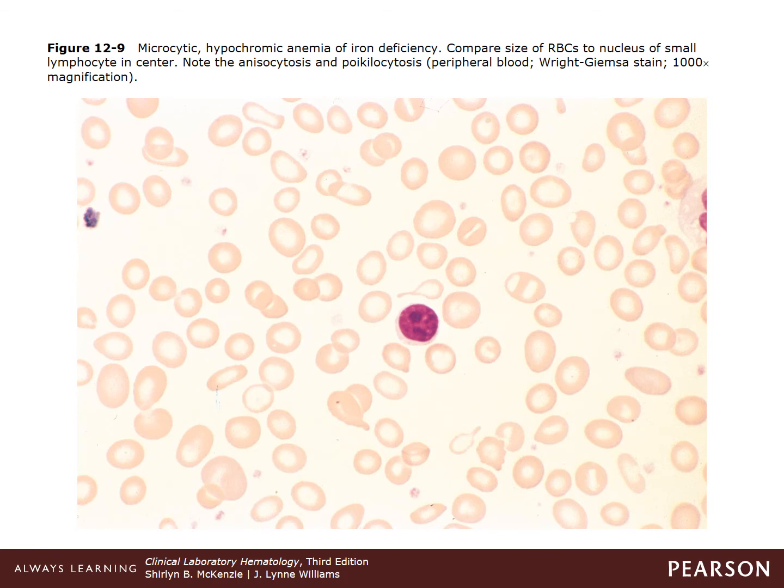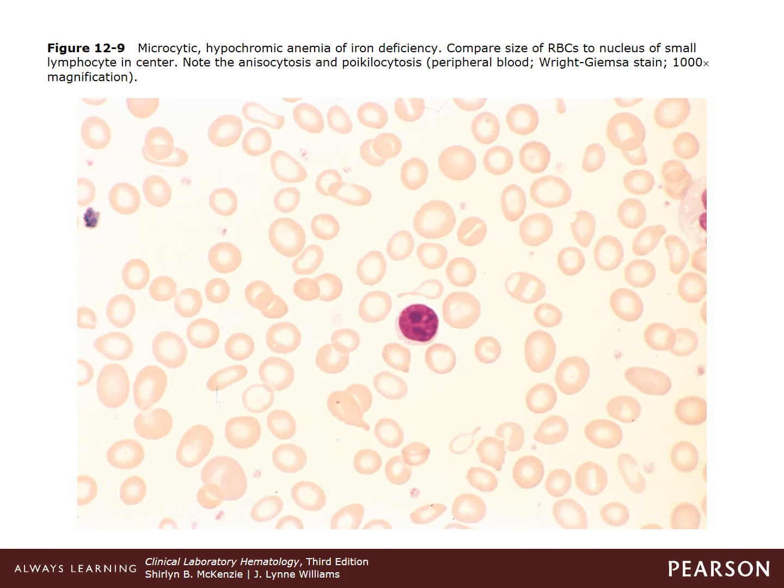The MCHC should be around 22 to 31, which is hypochromic. The microcytes and an increased RDW are often the first morphological signs. The most frequent poikilocytes you will see are target cells, elliptocytes, and dacryocytes, which are seen here.